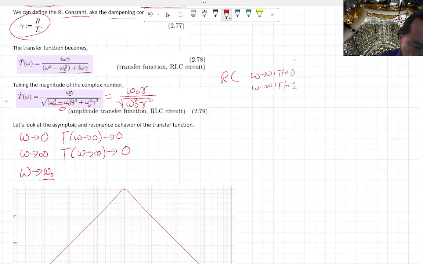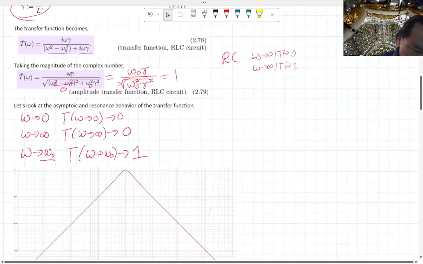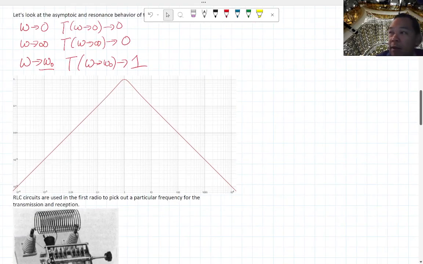The square root knocks out the squares, so you have omega gamma divided by omega gamma, which is 1. So the transfer function at omega going to omega naught goes to 1, which is where your resonance is. Let's look at this on the plot.